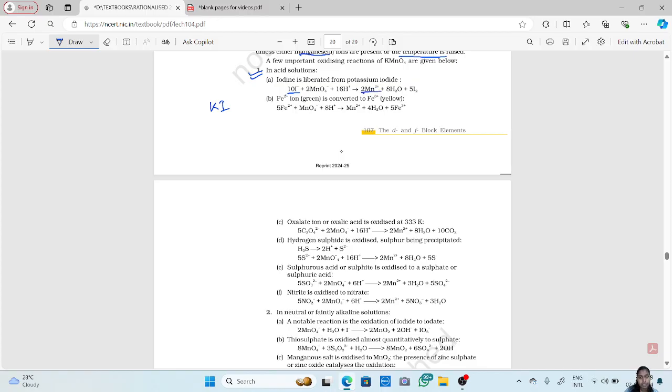You get manganese ions and iodine, I minus to I2. So it has converted iodide to iodine. Fe2 plus to Fe3 plus: using permanganate you can also convert Fe2 plus to Fe3 plus. Here also manganese ions are released.